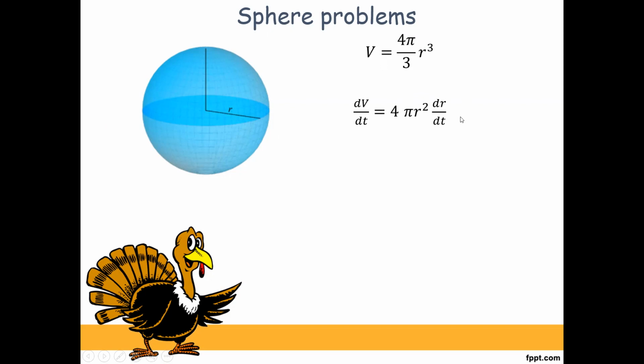Don't call it "Dr. dt." And the surface area of a sphere is 4 pi r squared. I bet you didn't know that the derivative of volume is surface area. So since the surface area is 4 pi r squared, the rate of change of surface area would be dSA/dt equals, take the derivative, 8 pi r dr/dt.